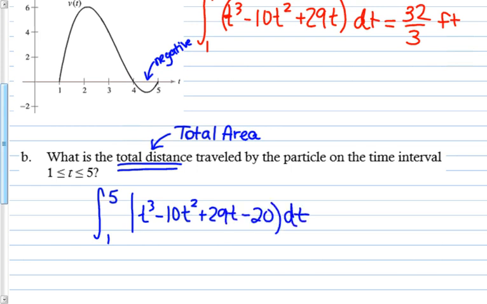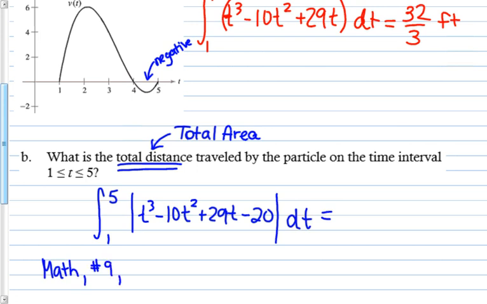So we would be integrating this. Oh, not parentheses, it's the absolute value bars. And then you can get some practice doing this on the calculator as well. It is math, number 9.